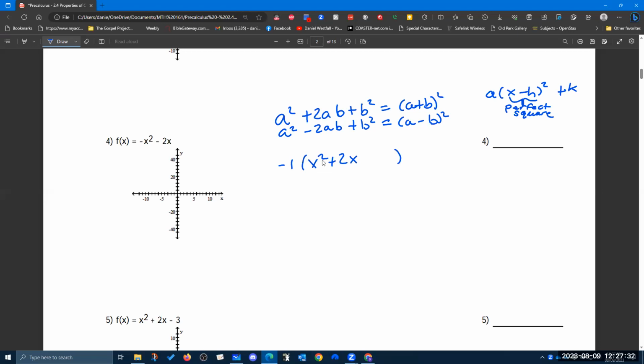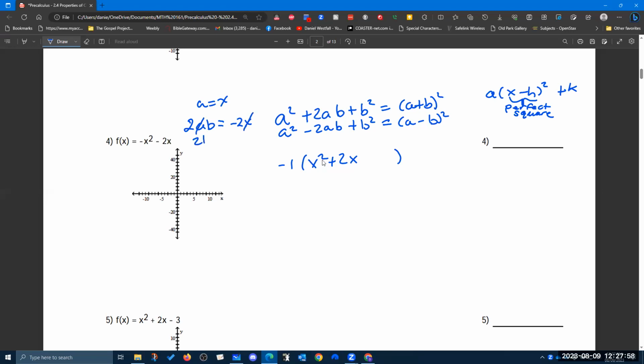Now I need to come off to the side here, and I either need to think about this or actually do the math to say, okay, 2ab is equal to 2x. But I know that my a was equal to x already. So I'm going to get rid of that on both sides.